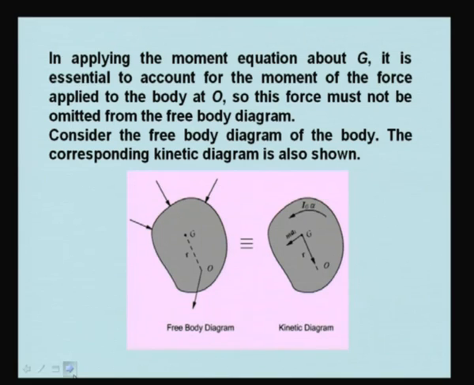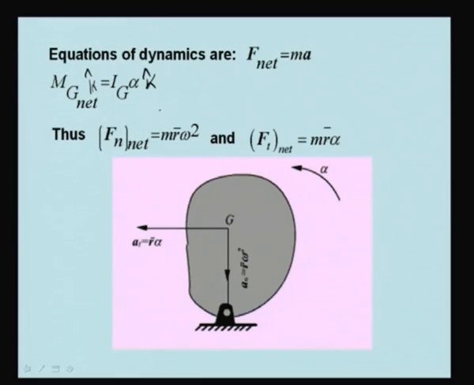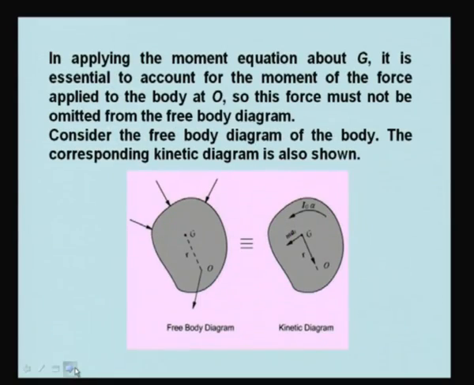Now when you apply the moment equation about G, M_G net is equal to I_G times alpha, always remember that you have to account for the moments of all the forces applied to the body.